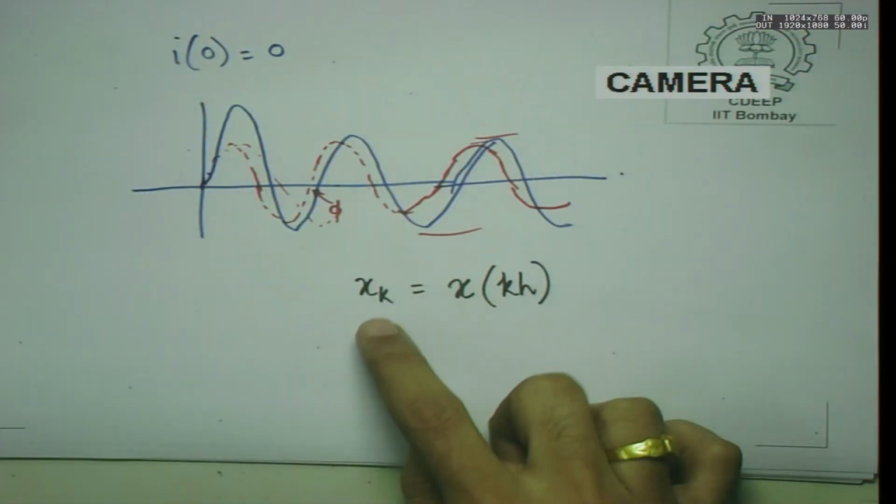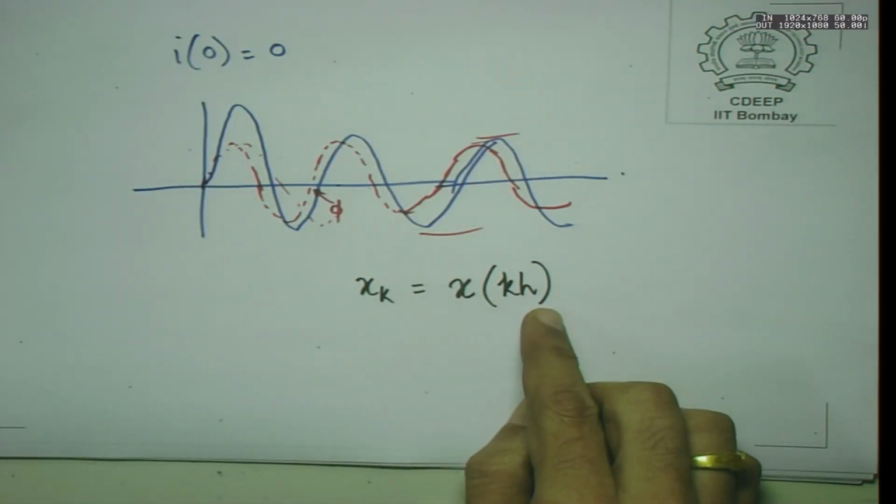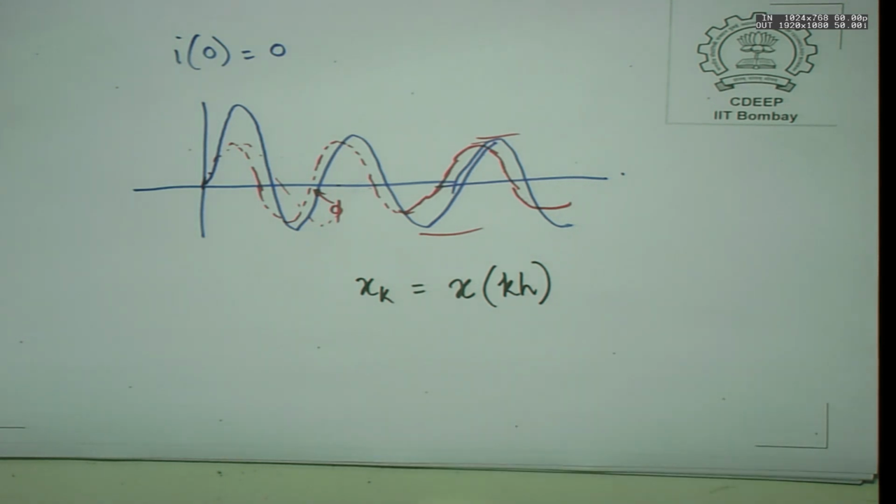What we call here x_k is nothing but x evaluated at the instant kh. So, this x underscore k means the value of x evaluated at kh.